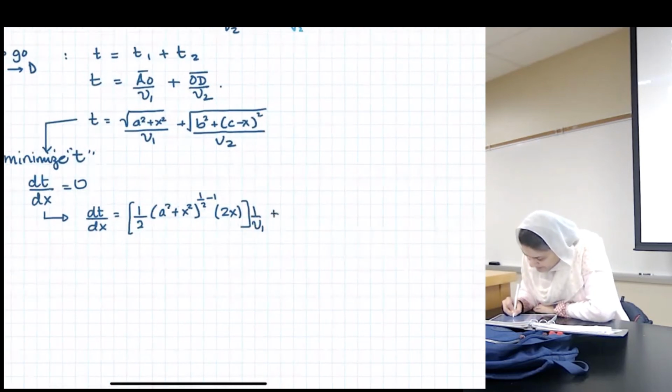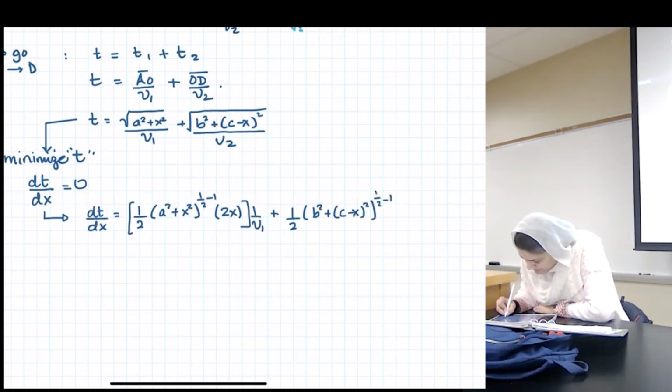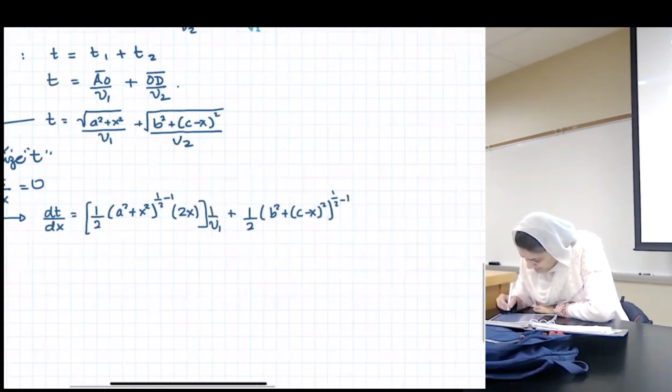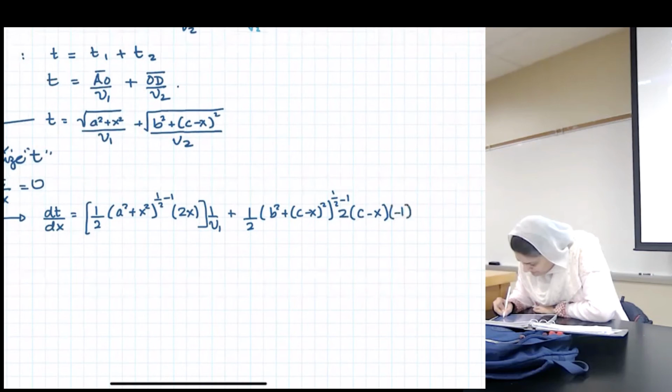And this would be 1/2 (b squared plus c minus x squared) to the power 1/2 minus 1, then (c minus x) times 2, and then minus 1.